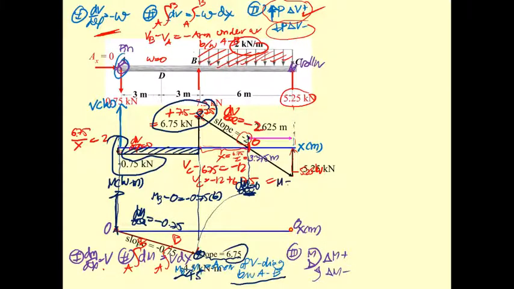We don't know yet. The moment here minus minus 7.5 is equal to the area, 1/2 of 3.375 times 6.75. Then you put in the numbers and you get the moment here.